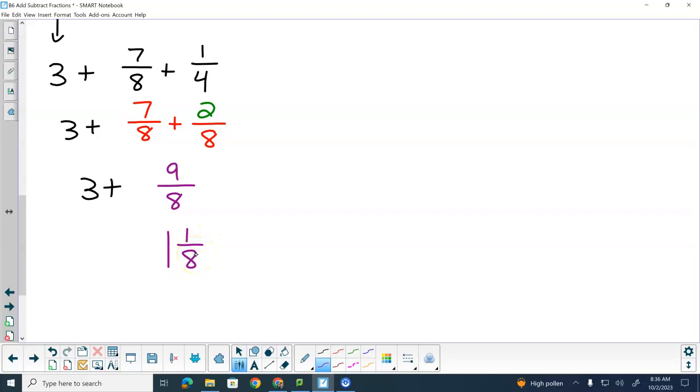Because 8 goes into 9 one time with a leftover of 1. So it's 1 and 1/8. Okay? And now these 2 get added together. So my final answer here is 4 and 1/8.